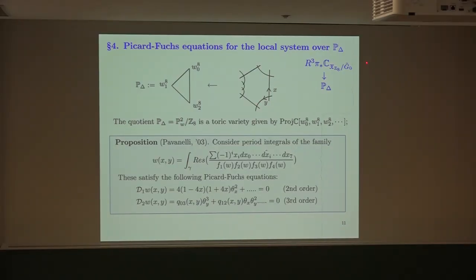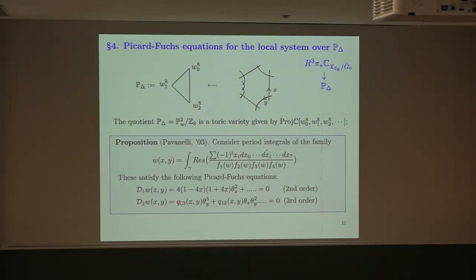And then, as I said, you consider the local system and the period integral associated with the 3-form. This is the standard form of the period integral for the Calabi-Yau 3-form for a complete intersection, in terms of the residue formula.